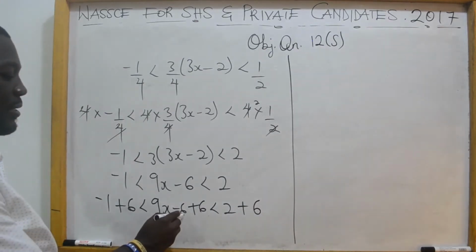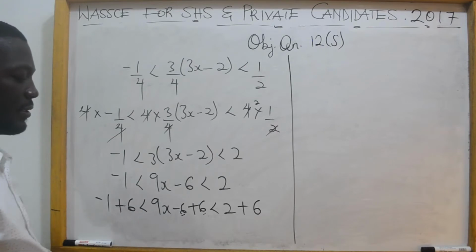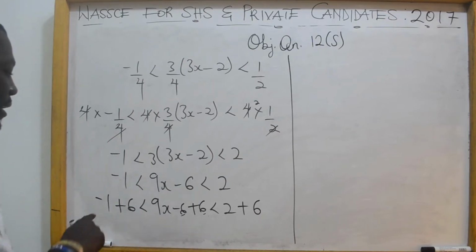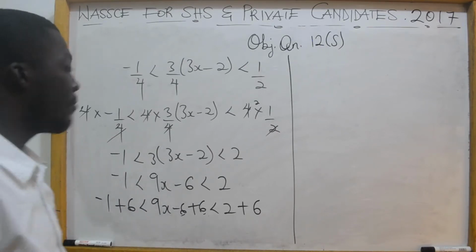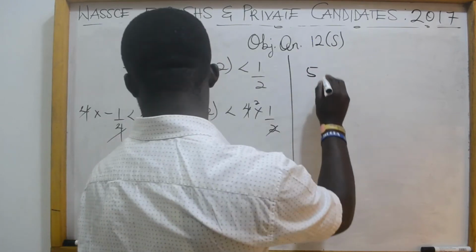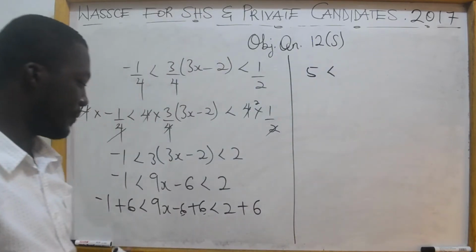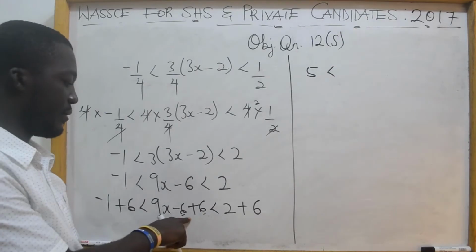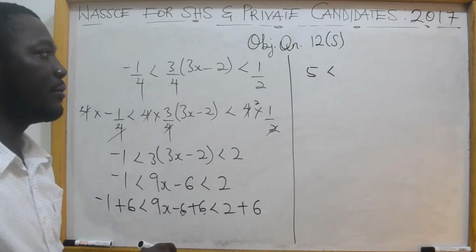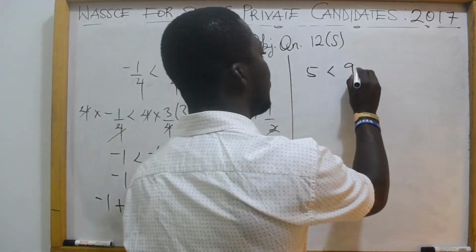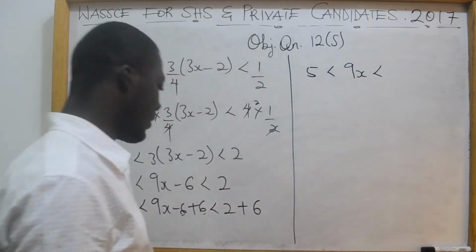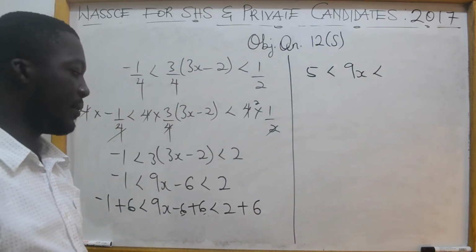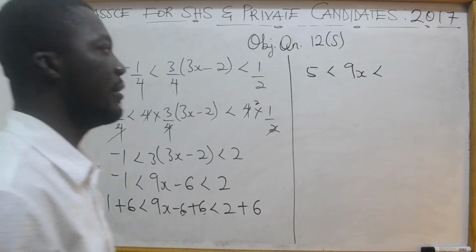So this 6 and 6 will turn 0. Negative 1 plus 6 is positive 5, less than the 6 will turn 0. Negative 6 plus 6 is 0. So you have 9x there. It's less than 6 plus 2 is 8.